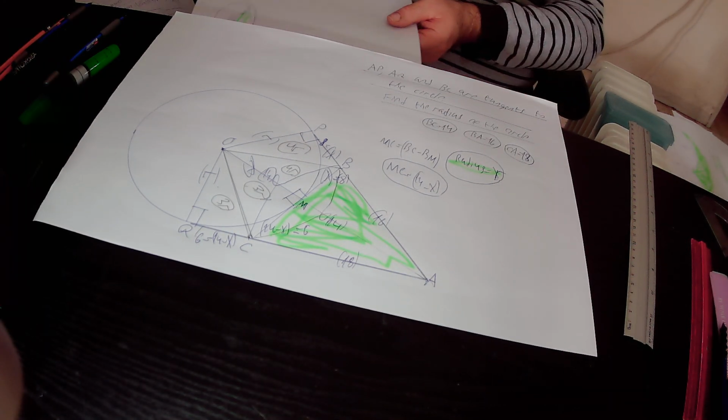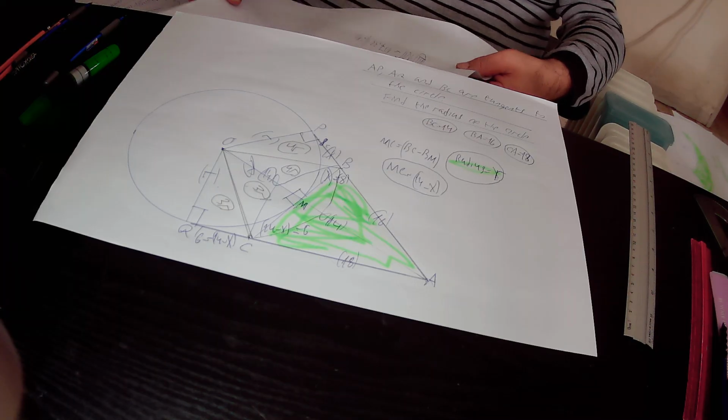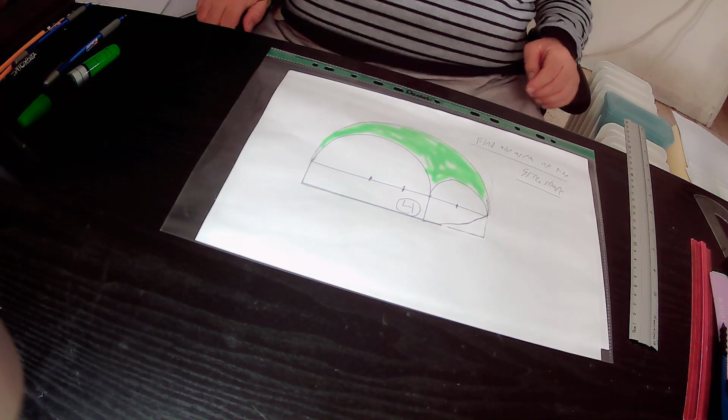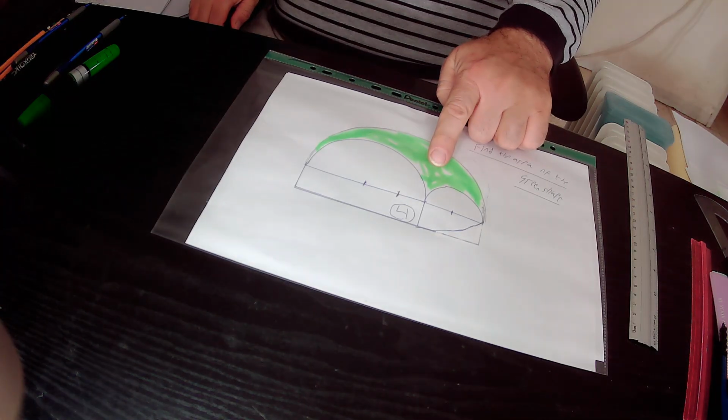The next step is to repeat the solution of the second question. In the second question, our task is to find the area of this shape.